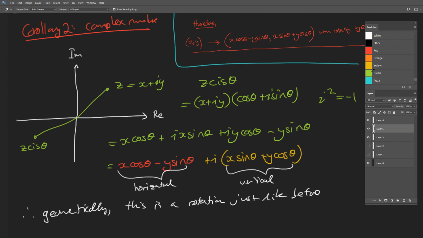So in fact, when you have a complex number z and you multiply it by cos theta plus i sine theta, this is equivalent to simply rotating it by theta. So those are the same lengths, and rotating it by theta. So there we go. That's why multiplying a complex number by cos theta plus i sine theta gives a rotation.